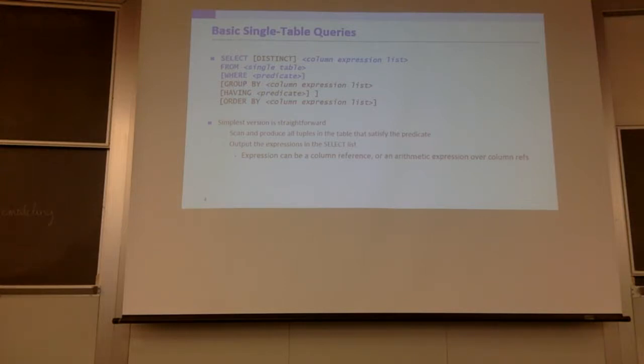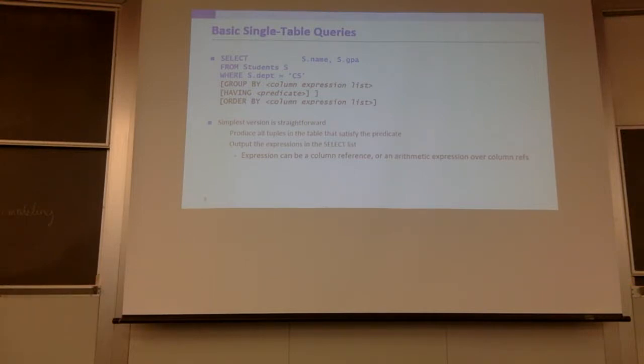Suppose we have the minimal SQL query and we apply a where clause as a filter on the data. This query gives you all the students whose department is CS, and we select the name and GPA for those students, right? That's probably the simplest query you could come up with.